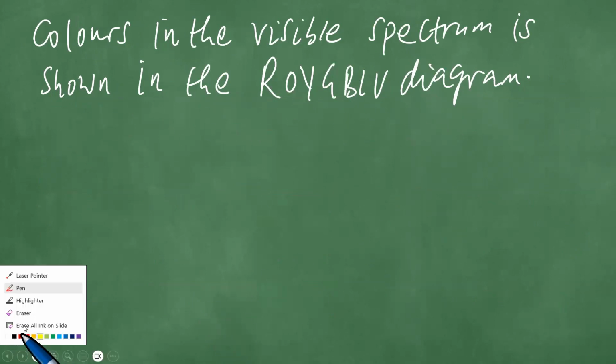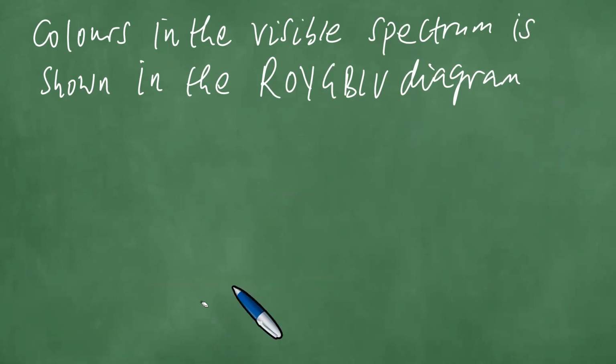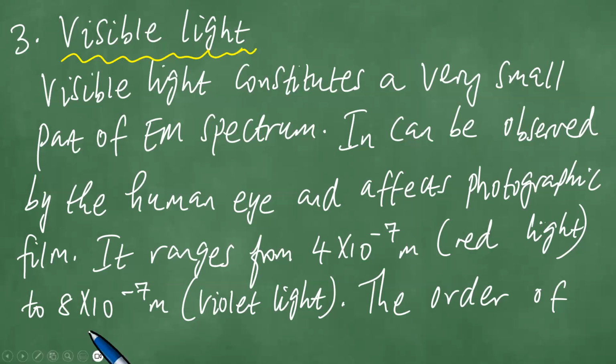So we looked at the ROYGBIV diagram and we drew it, and we agree, therefore, that at this point we're able to see red color, orange, and so on in the ROYGBIV diagram. But we know that red has a wavelength of 4 times 10 to the minus 7, and violet has a wavelength of 8 times 10 to the minus 7.